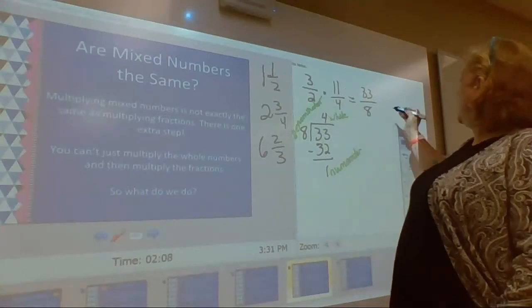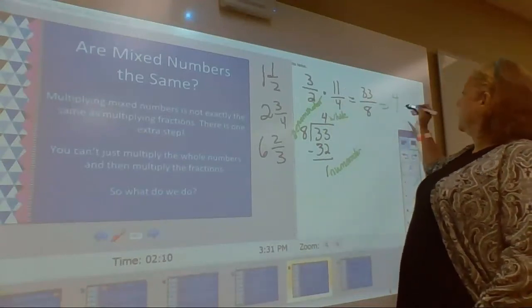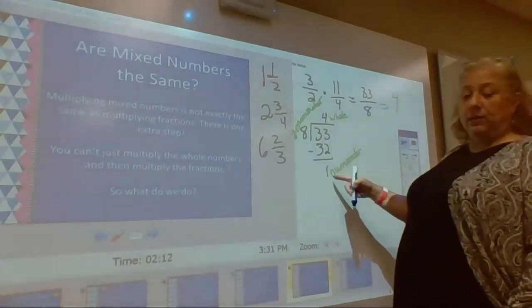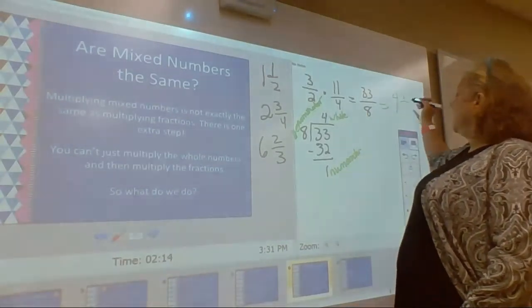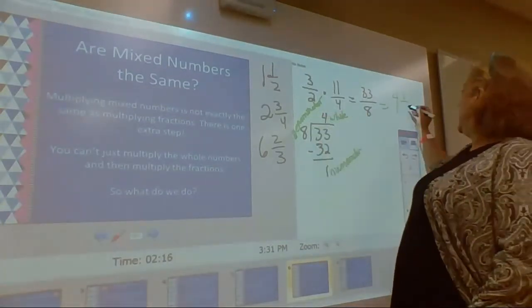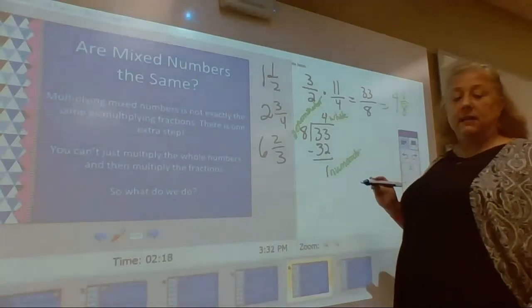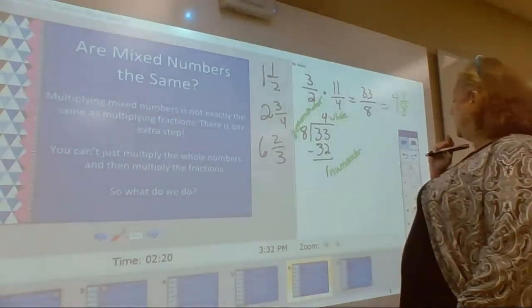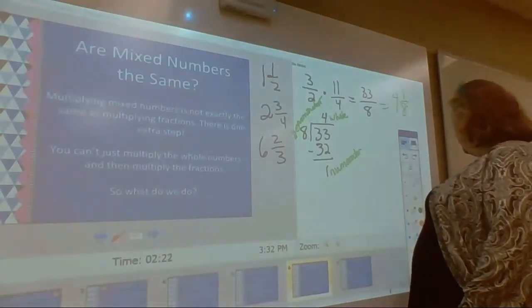So my whole number is 4. My remainder is 1. That's my numerator. And my divisor is 8. That's my denominator. So my answer here would be 4 and 1/8.